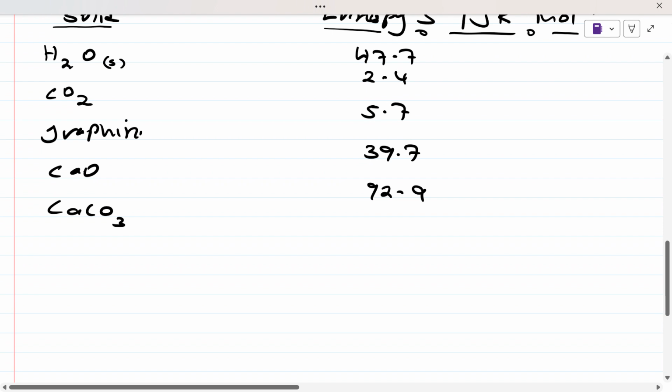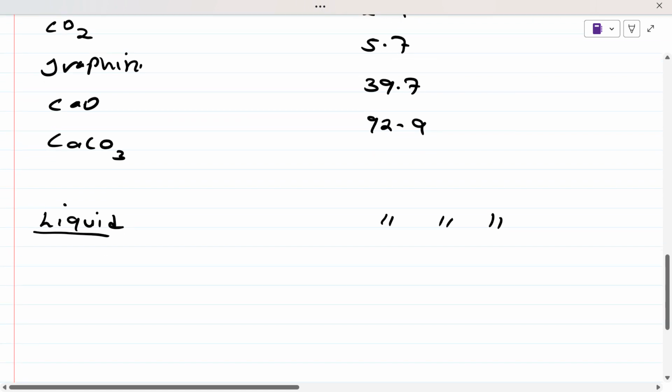I can also go ahead and give you examples of liquids with their entropies. On the other hand, I'm still going to have just their entropies given in joules per mole per Kelvin. So water as a liquid, I'm still using water here.